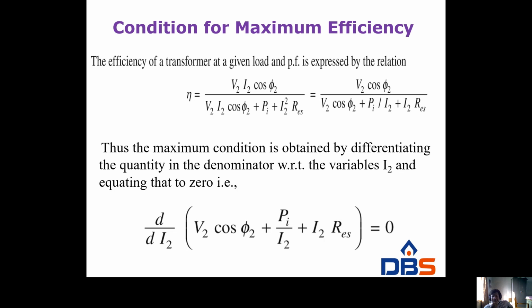Now I am taking the efficiency of a transformer referred to the secondary, eta equals V2 I2 cos phi 2 divided by V2 I2 cos phi 2 plus iron losses plus I2 square R equivalent, right? So now, divide the numerator and denominator by I2, such that we get V2 cos phi 2 divided by V2 cos phi 2 plus Pi by I2 plus I2 R equivalent.